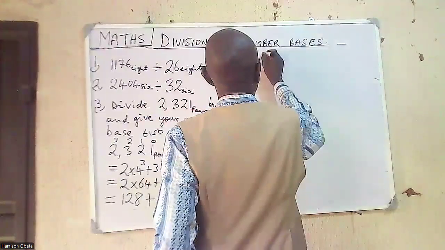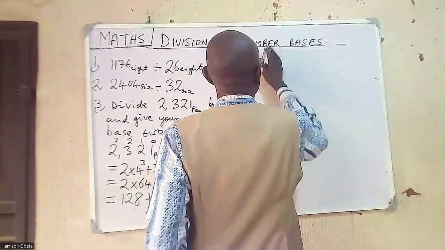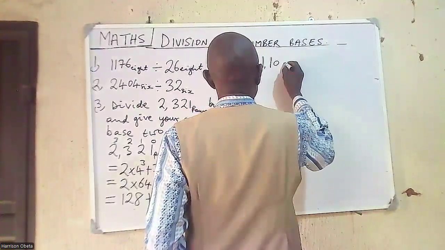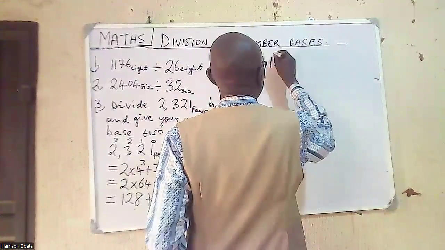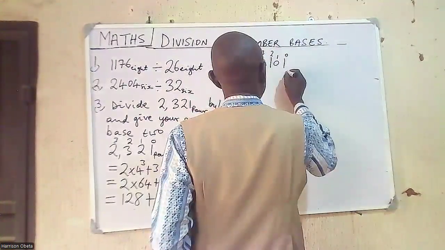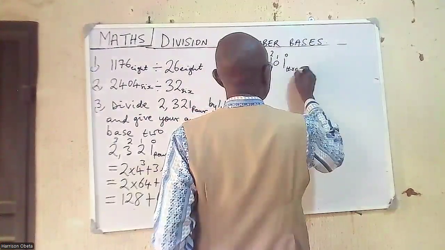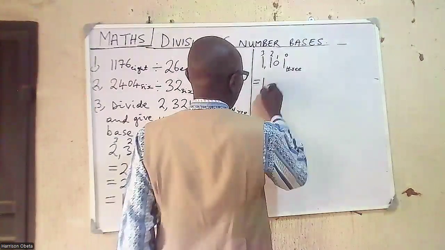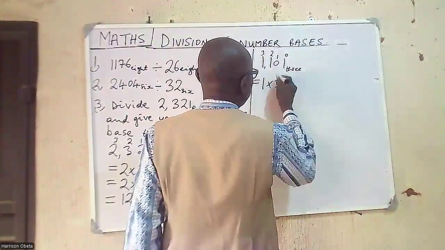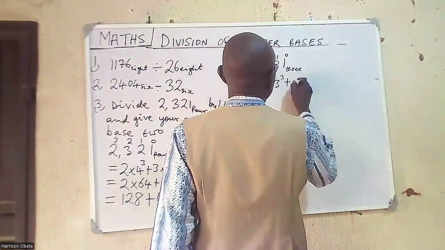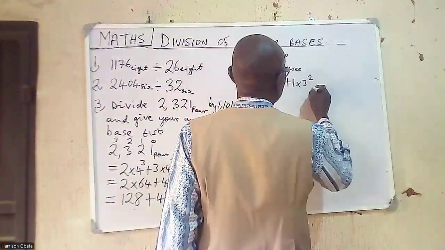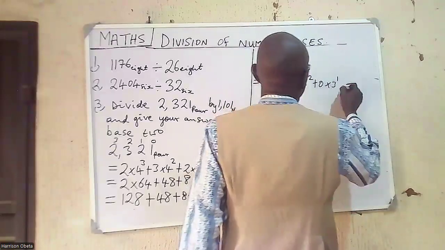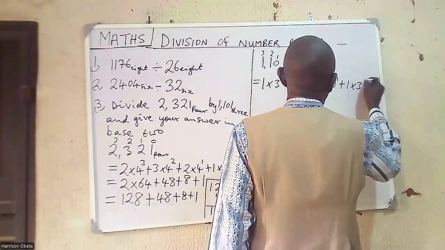And that is 1, 1, 1, 0, 1. 0, 1, 2, 3. Also, this is base 3. Okay. So this will give us 1 times 3 raised to power 3 plus 1 times 3 raised to power 2 plus 0 times 3 raised to power 1 plus 1 times 3 raised to power 0.